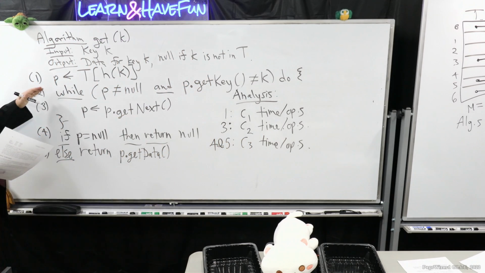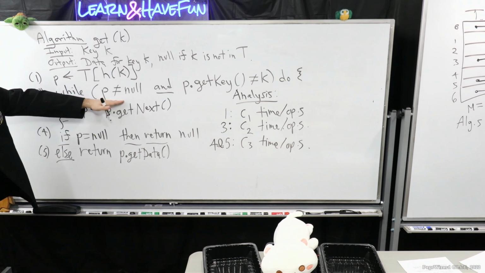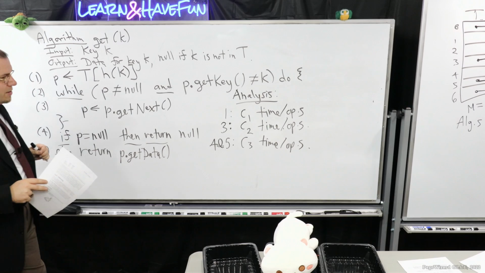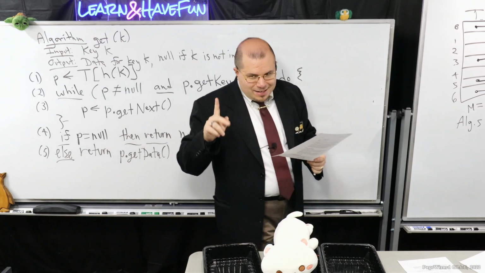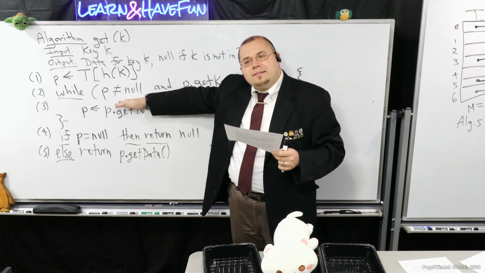Now, line 2 is a while loop, and in the worst case, you're going to have to go through this until this gets invalidated, right? Until this becomes null. So if that is the case, when p is equal to null, that means you had to go through the whole list.